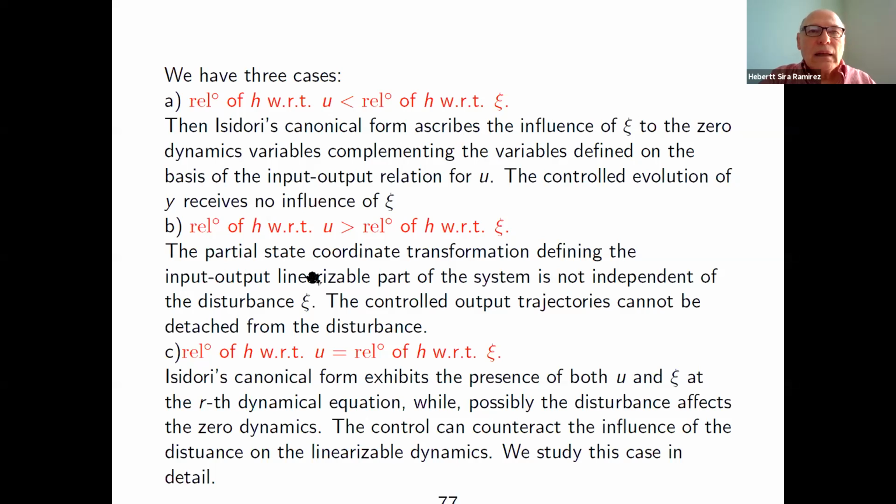The second case is, okay, you have the opposite situation. The advances of the output up to some point, let's say R, suddenly exhibit the presence of the input. That's a well-defined operation. And in those advances, you never encounter the presence of the disturbance. So your input-output linearization, as part of this partial state feedback transformation, is now completely viable.